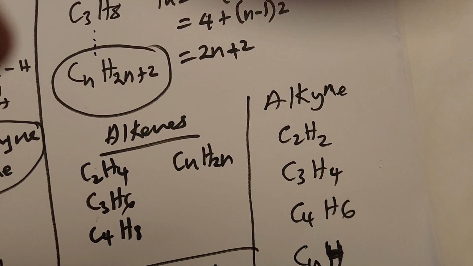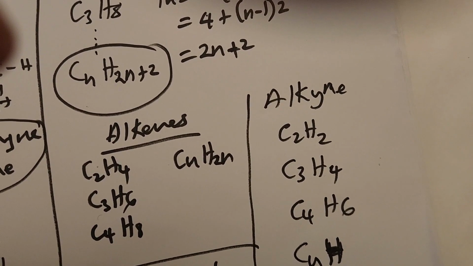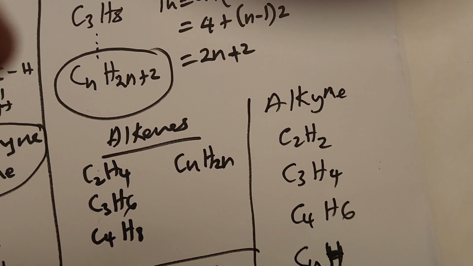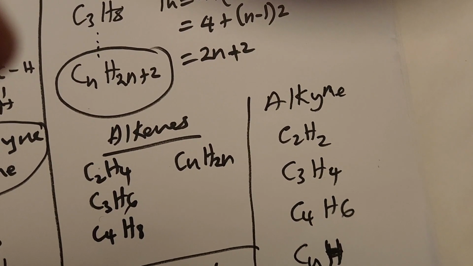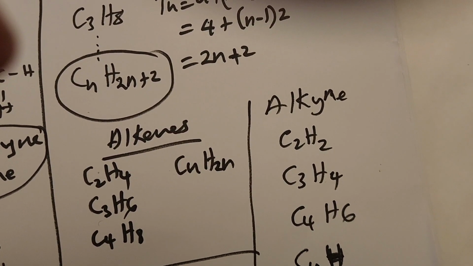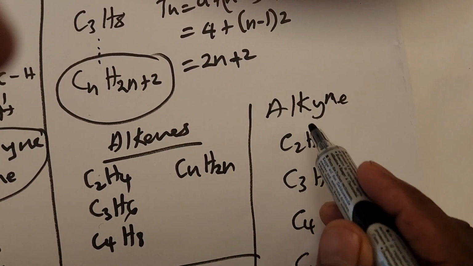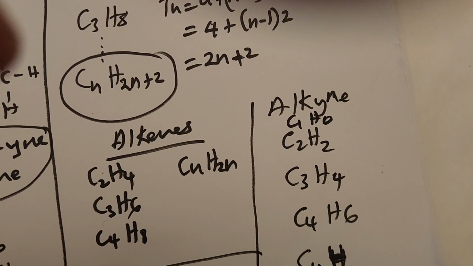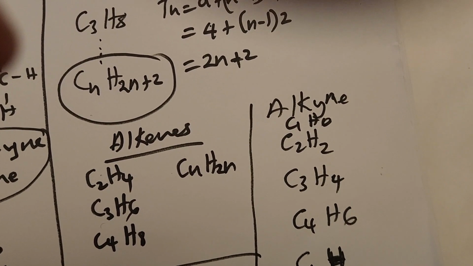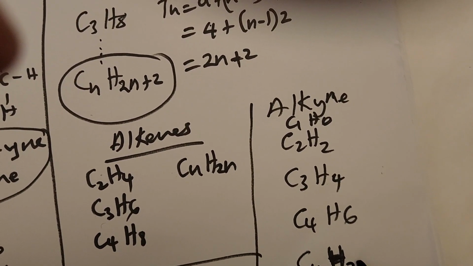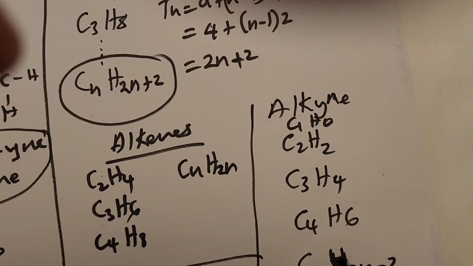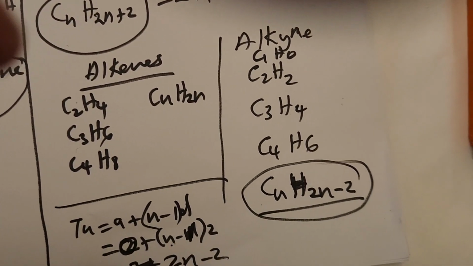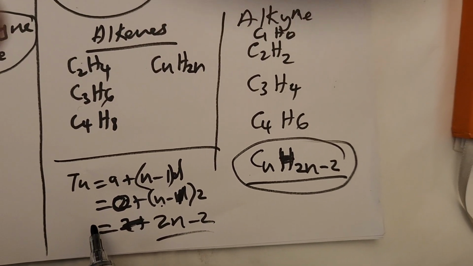Therefore, I will have 2 plus n minus 1 times 2, which is 2n. The first term, C1, will have 0 hydrogens if I extrapolate to number 1. Therefore, this becomes the general formula for all alkynes.